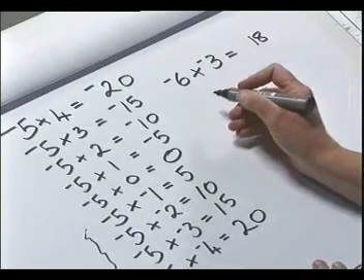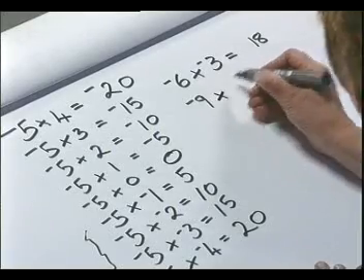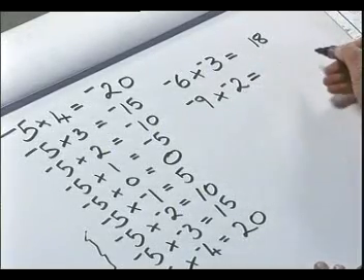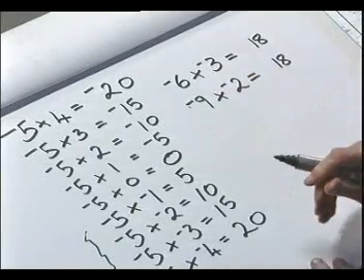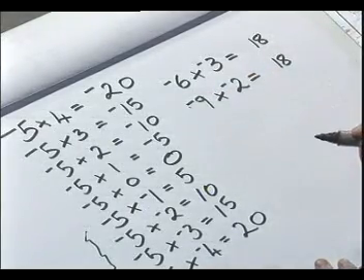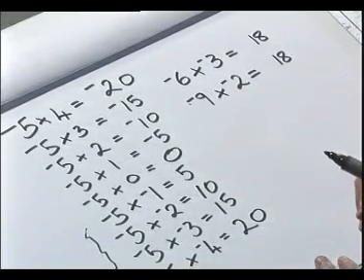And the same goes with this one. If we had negative 9 times by negative 2, 2 9s are 18, two negatives, the answer is a positive. So again, we get the same answer, 18, but different numbers in the calculation.